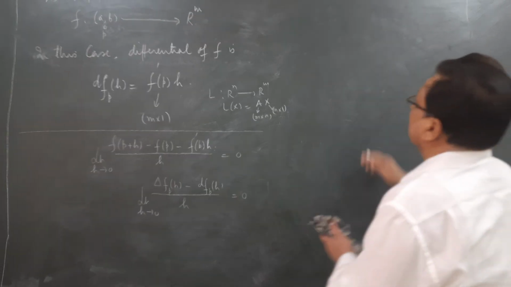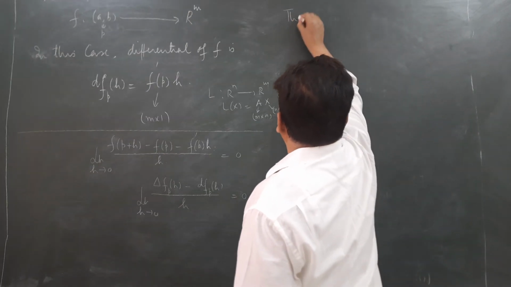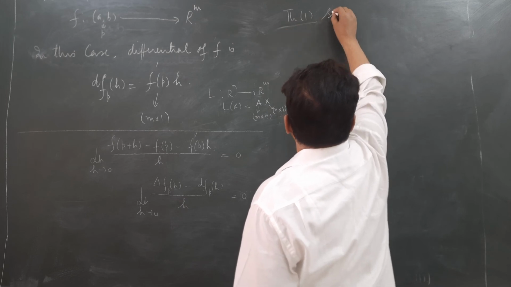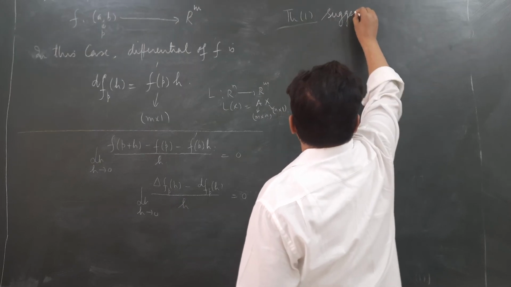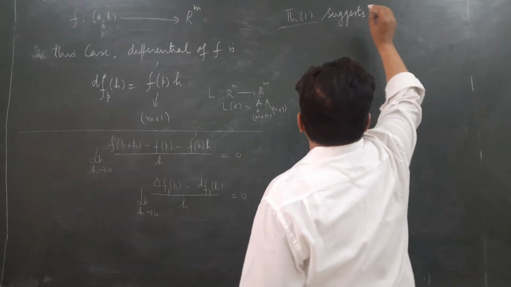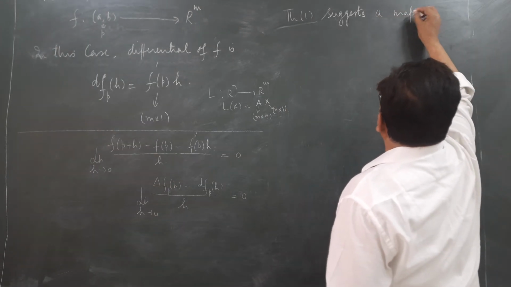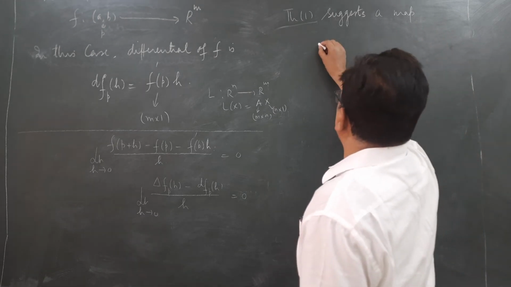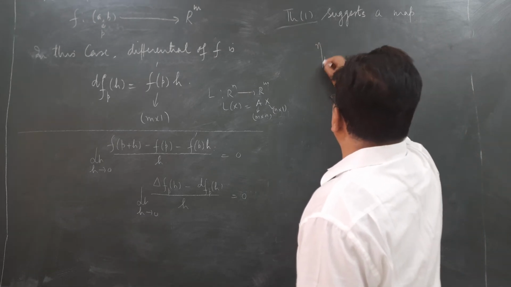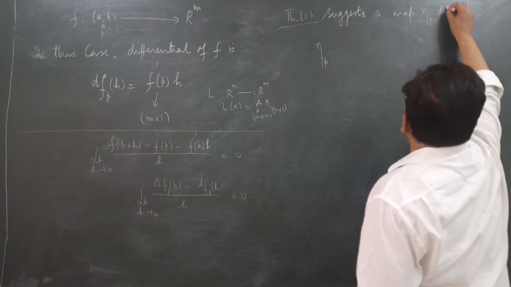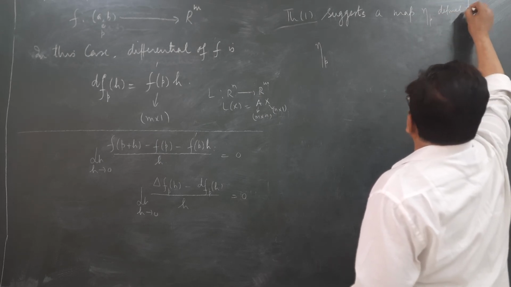So theorem 1 suggests a map, I will call it eta p, defined as follows.